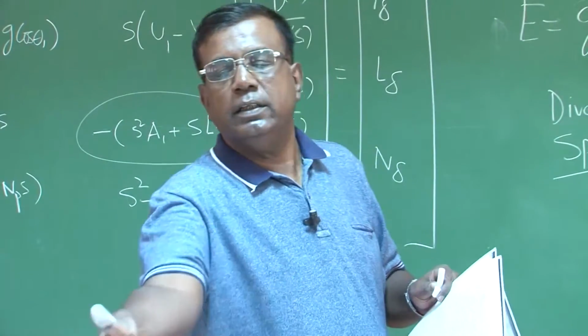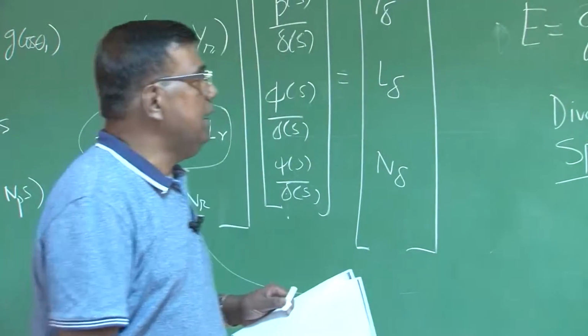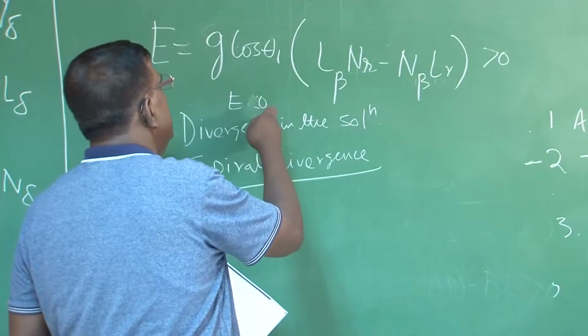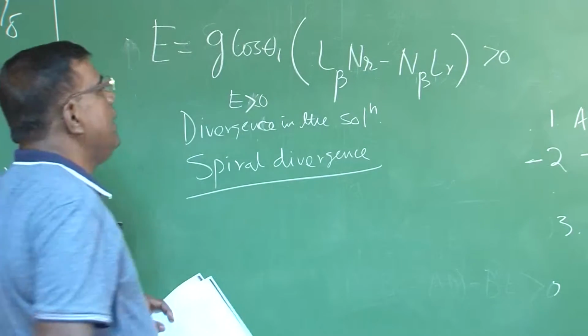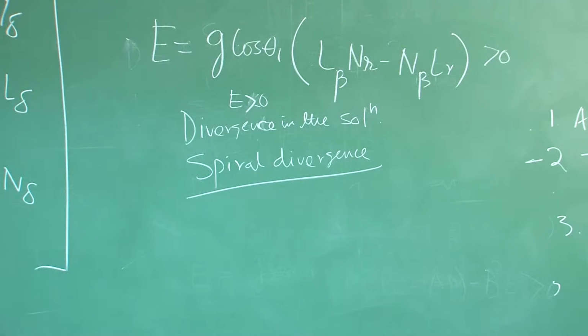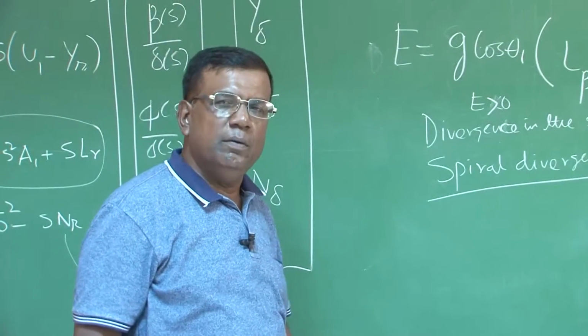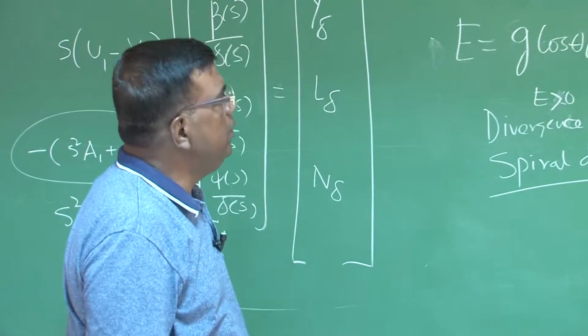So it goes like this, until you ensure that E is greater than 0. If E is greater than 0, then you avoid spiral divergence. Most of the airplane is having a very weak root in spiral divergence, so it is manageable by the pilot. Don't worry too much about it.